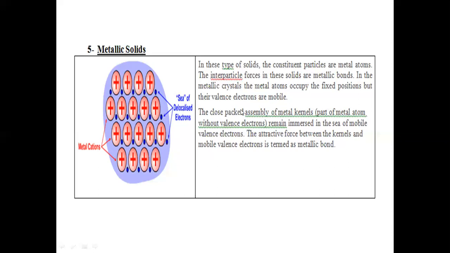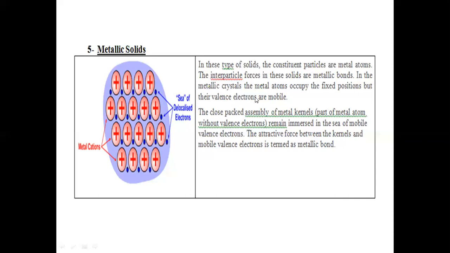So here what happens, the bond which holds together all these atoms is the attractive force between kernels and mobile electrons, called metallic bond, which is holding together all these atoms in a metallic structure or metallic object.